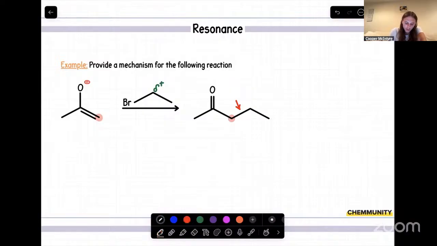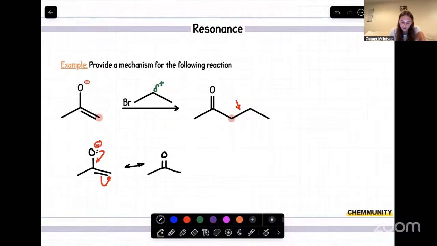Yet again, we can use resonance. So let's go through and showcase the resonance forms on this structure. If we have a negative charge on that oxygen, that negative charge can drop down, and by doing so, it forces the electrons from this pi bond up onto the carbon, which gives us a resonance form that looks like this.